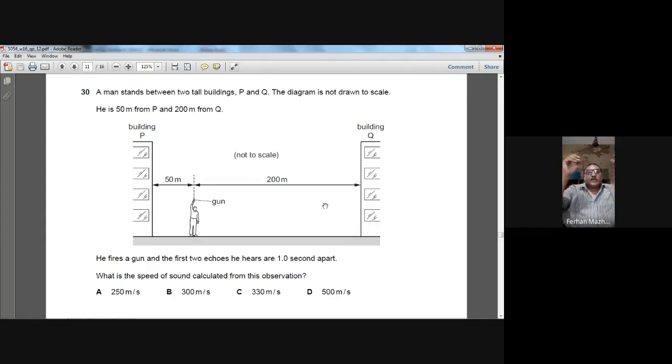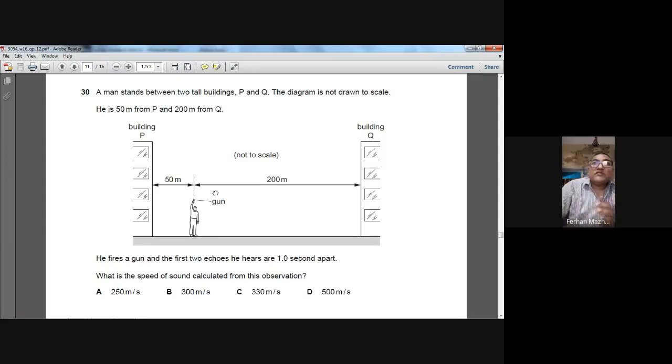The sound wave which went towards building P will travel 50 meters, be reflected from building P, and travel 50 meters again. So he will hear the first echo. For this first echo, the sound has traveled 100 meters: 50 going, 50 coming back.